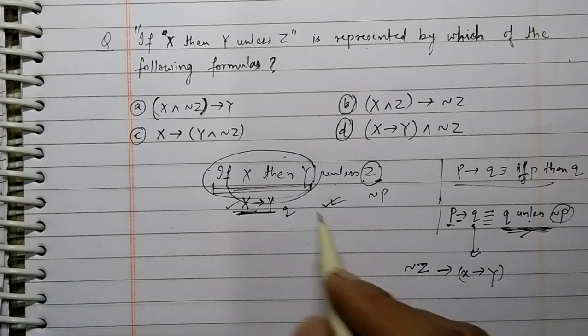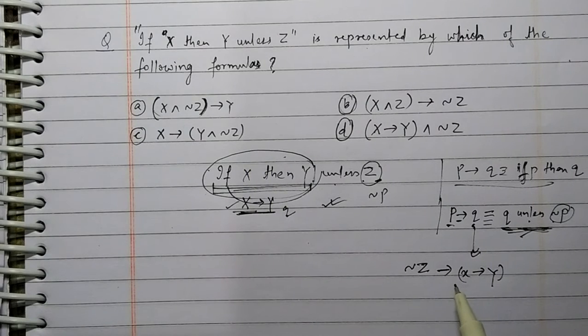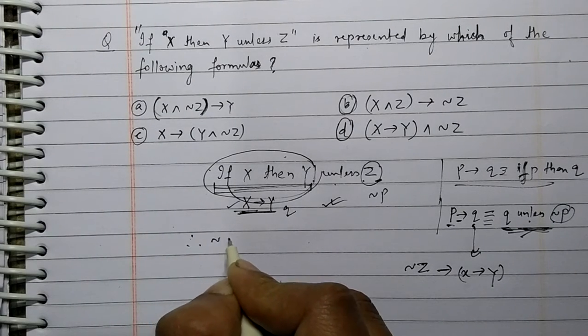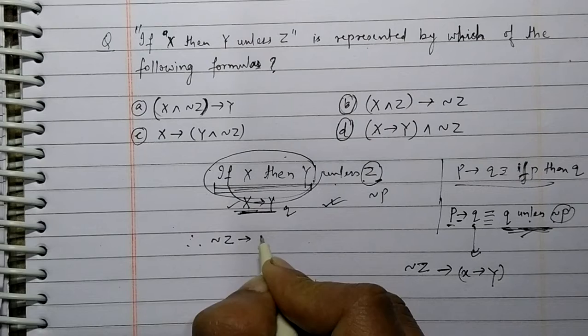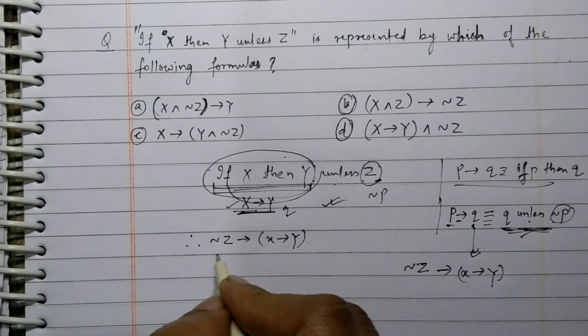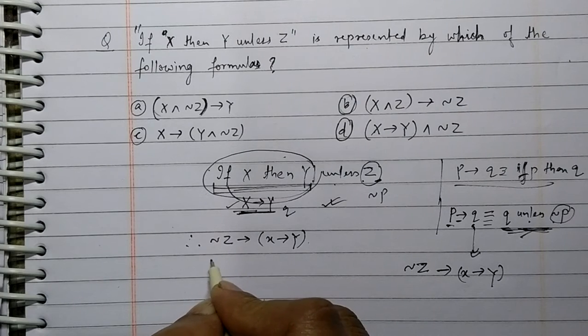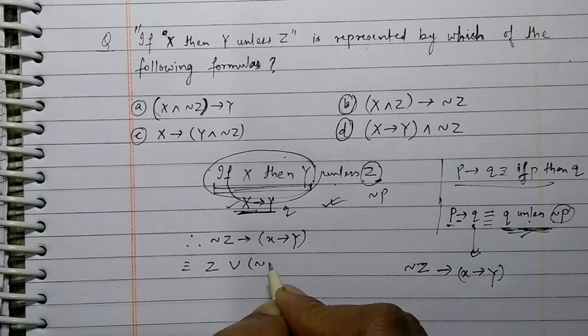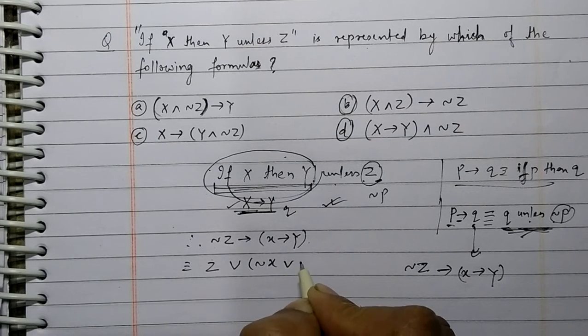Now, none of the options match with this. So we try to figure out what it would be. Start with not Z imply x imply y. It can be written as Z or not x or y.